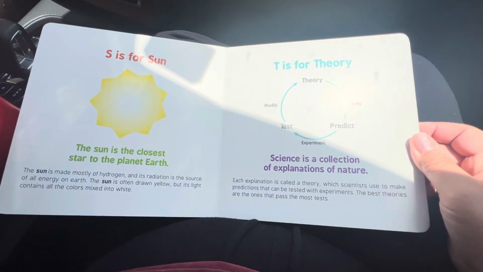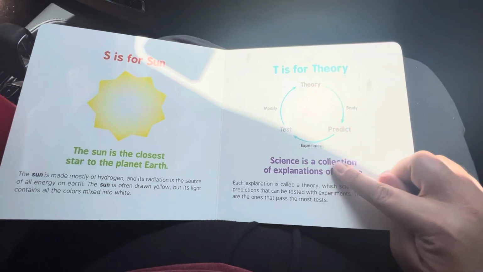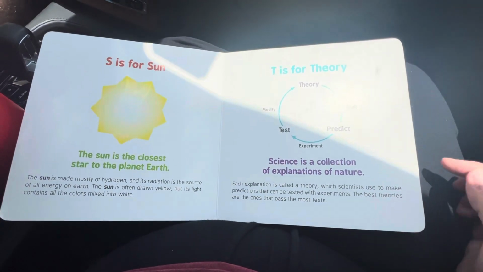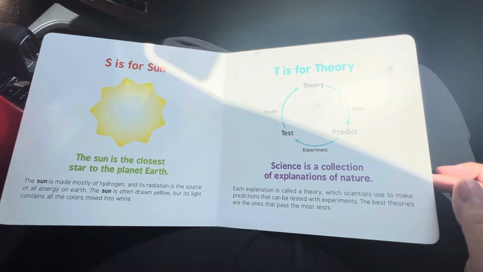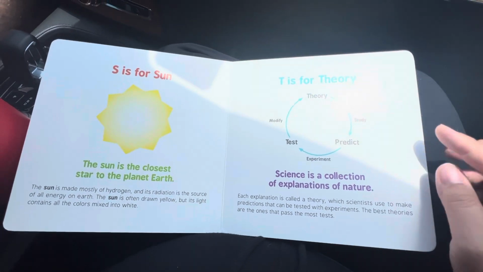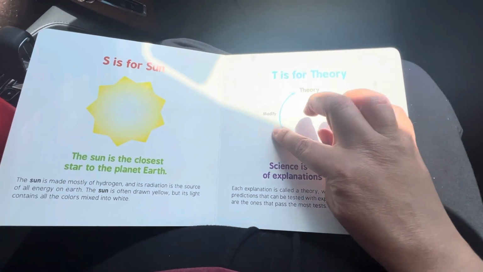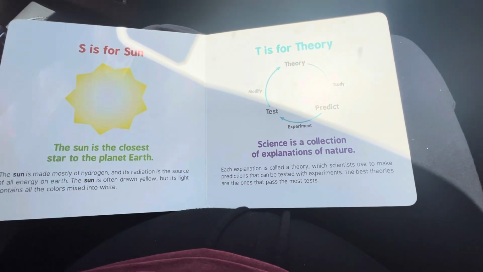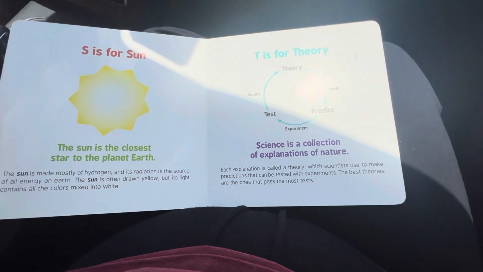T is for theory. Science is a collection of explanations of nature. Each explanation is called a theory, which scientists use to make predictions that can be tested with experiments. The best theories are the ones that pass the most tests. We could start anywhere here, and sometimes we start with observations, which is why it's so important to be curious.